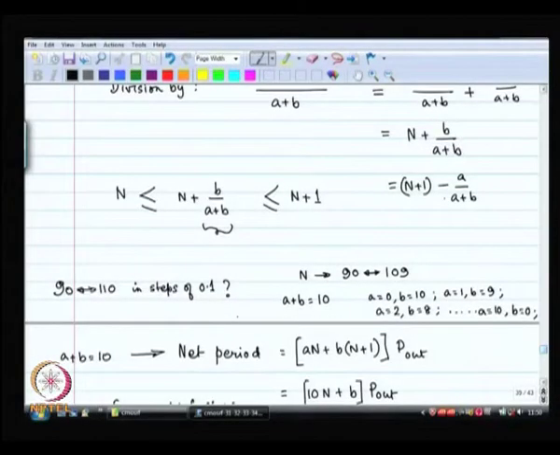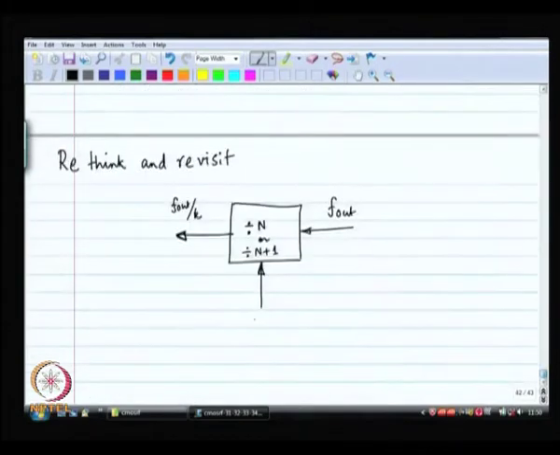To do a division by 90.1, let us say I wanted to divide by 90.1, what we did was we chose n to be equal to 90, we chose a plus b equal to 10 and we chose b equal to 1.